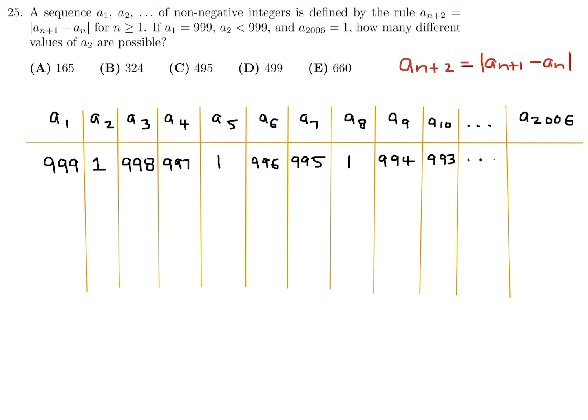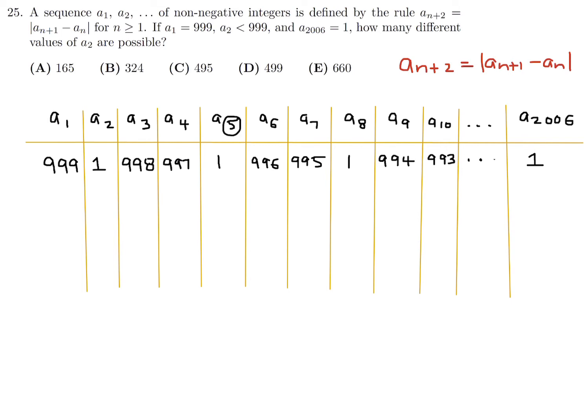But we are told that A2006 is equal to 1. Now, does this match? Well, I noticed that the ones are repeating, right? A2, A5, A8, and so on. So it looks like if the index is 1 less than a multiple of 3, the term will be 1.